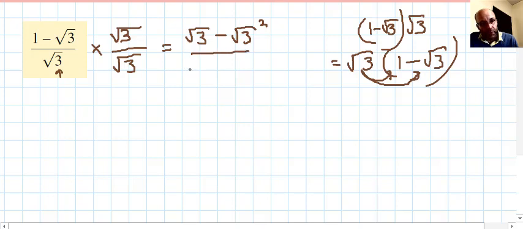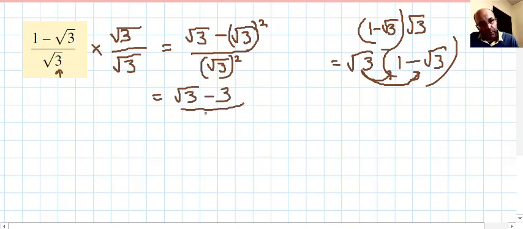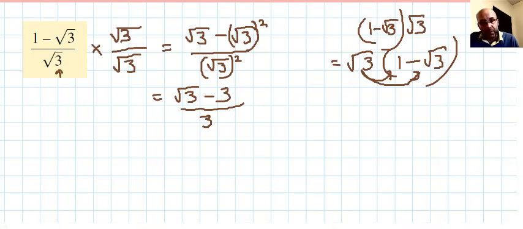On the bottom we've got root 3 squared. Now you cannot cancel that without cancelling that, so don't cancel yet, simplify. So root 3 squared is 3, and on the bottom root 3 squared is 3, and there's our answer. Surely that's the easiest thing you've ever seen in your life.